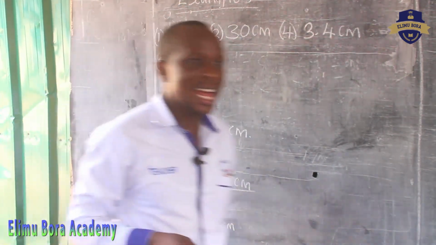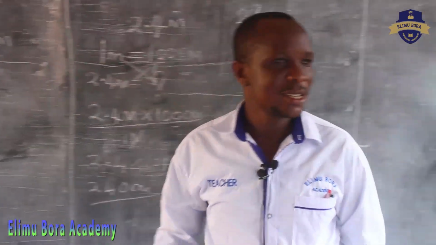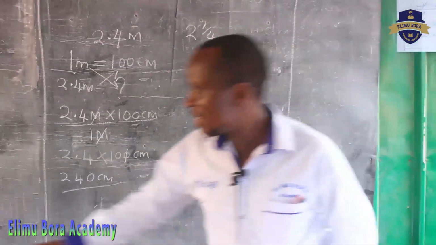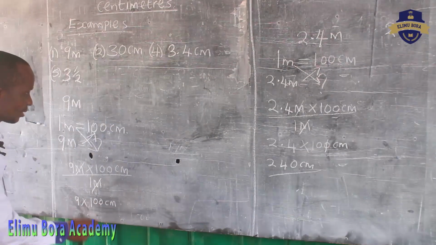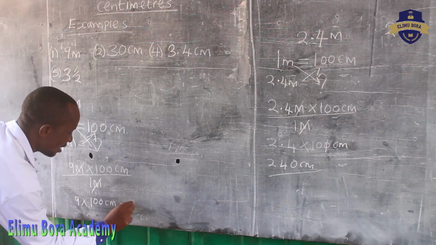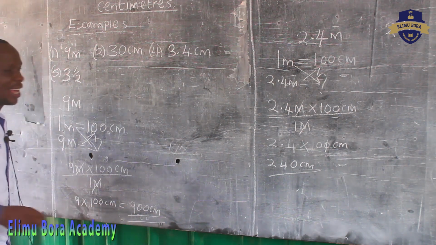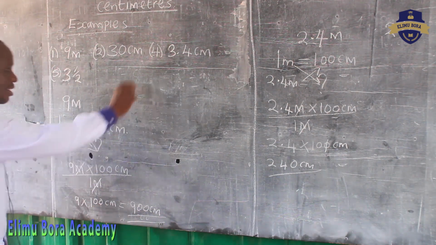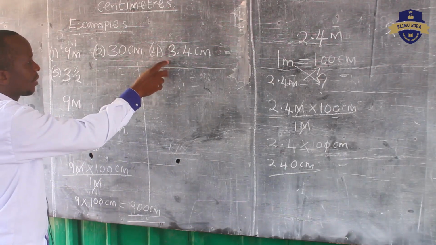When you multiply 9 by 100, what will we get? Yes, our answer here will be 900 centimeters.